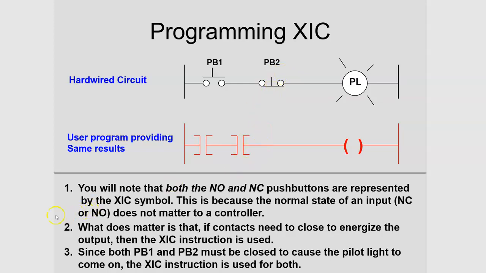If you understand the statement I just made, then you'll go a long way to doing really well in your first lab. So I'll just read it real fast. You will note that both the normally open and normally closed push buttons are represented by the examine if closed symbol. Don't think that because you're using physical switches that are normally open or normally closed, your contact symbology will necessarily follow the switches.